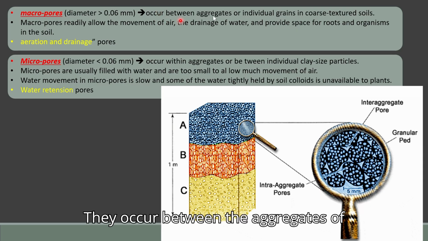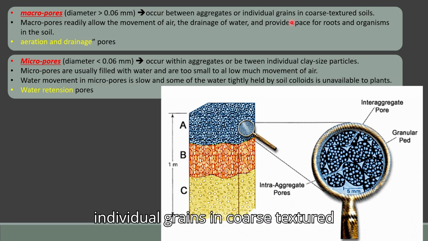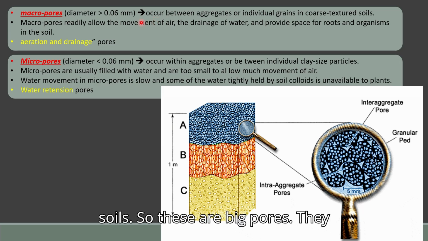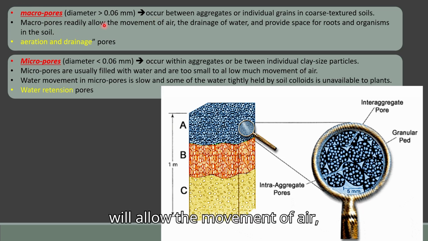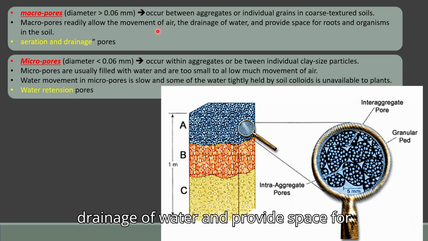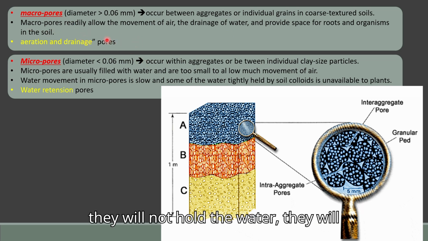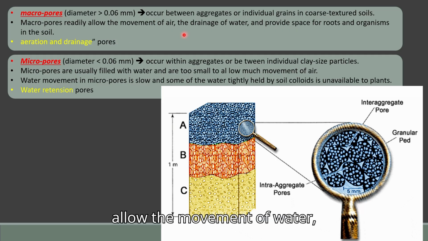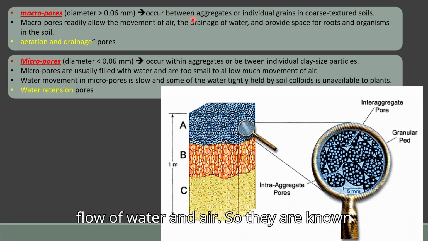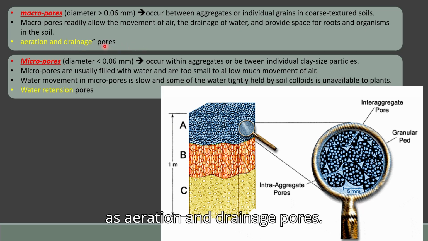They occur between the aggregates or individual grains in coarse textured soils. They allow the movement of air, drainage of water, and provide space for roots and organisms in the soil. They will not hold the water; they allow the flow of water and air. So they are known as aeration and drainage pores.